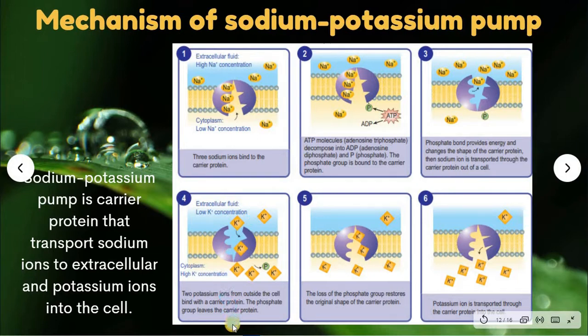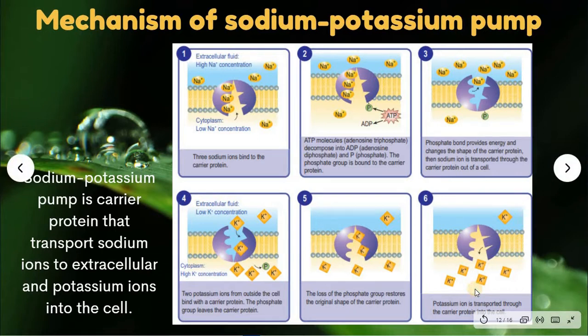The phosphate group leaves the carrier protein, and the loss of the phosphate group restores the original shape of the carrier protein. Now the carrier protein returns to its original shape and releases the potassium ions into the cell.